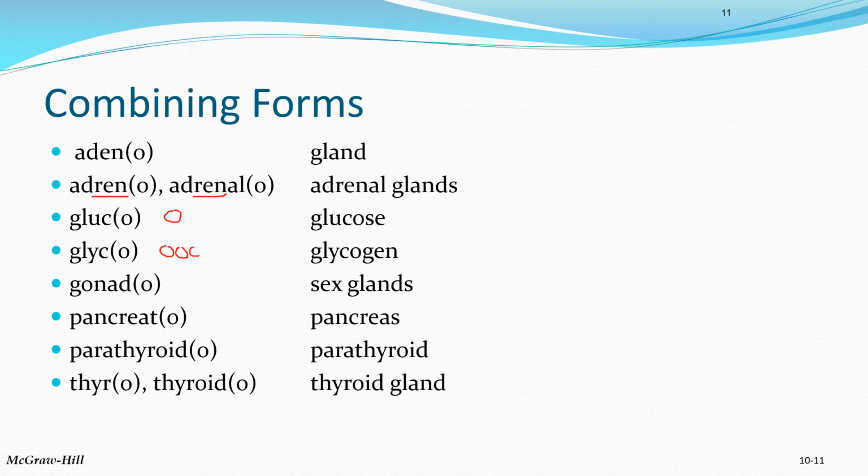Glycogen is a bunch of sugars linked up together. So it's a complex carb. Your nads, aka gonads, right? Pancreato. So a lot of these terms are easy. They're just abbreviations or shortened forms of the gland name or term. Easy enough. Parathyroid is parathyroidal, thyro, or thyroidal. Makes it easy.